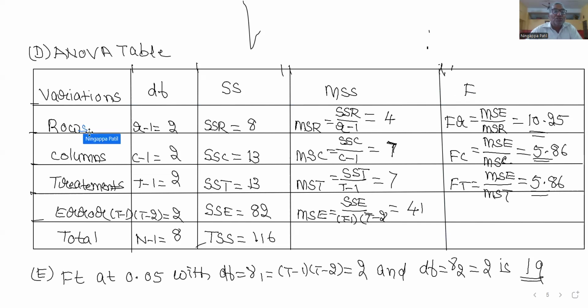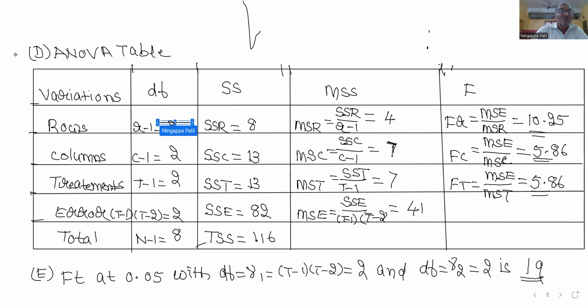Now, the rows: degrees of freedom is R minus 1. R minus 1 means 3 minus 1, 2. And SSR you can enter.